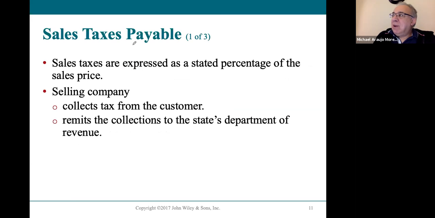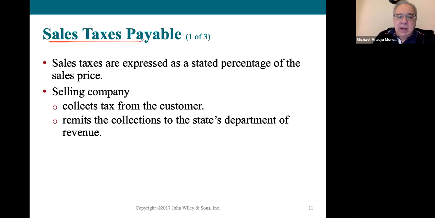One of the things that's very important to understand is that corporations and businesses that sell taxable items need to collect sales taxes as part of every sale that they make to customers.